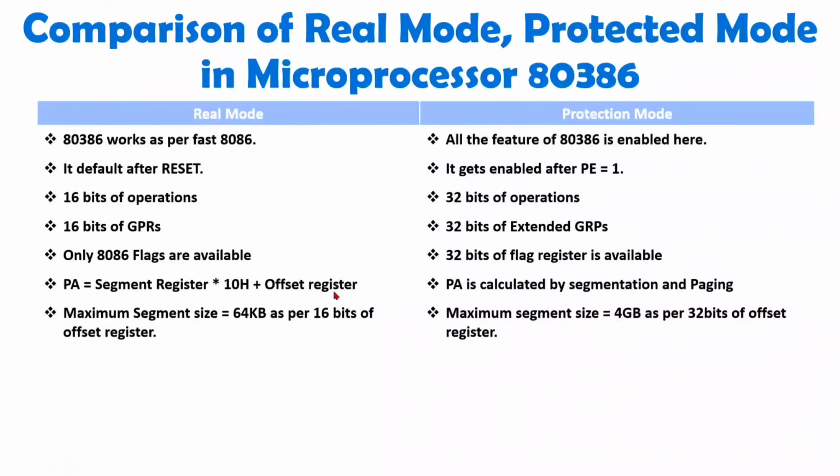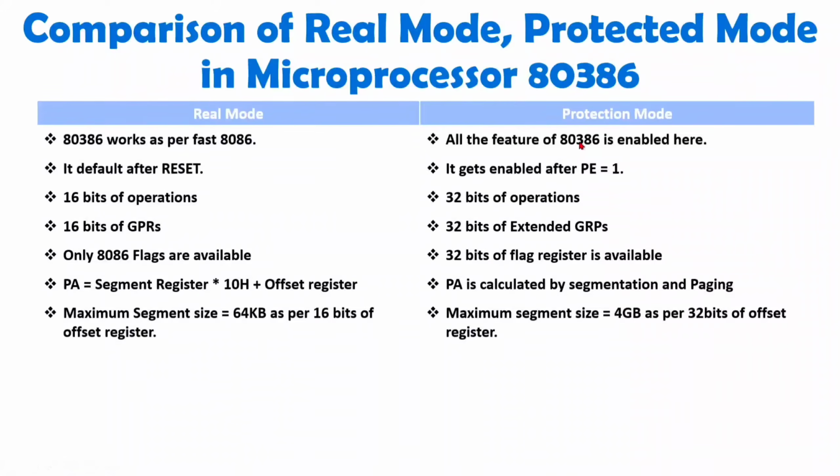My dear students, here you should know the maximum size of a segment is 64 KB, right, as per the 16 bits of offset register. But here my dear students, in protection mode, the maximum size of a segment will be 4 GB. Why? The reason is now the offset register has a size of 32 bits, right?